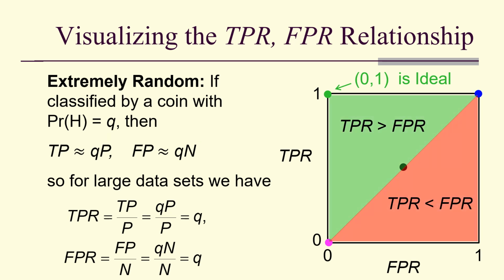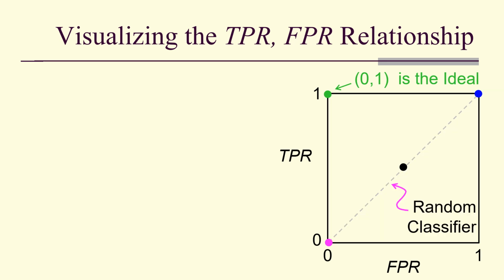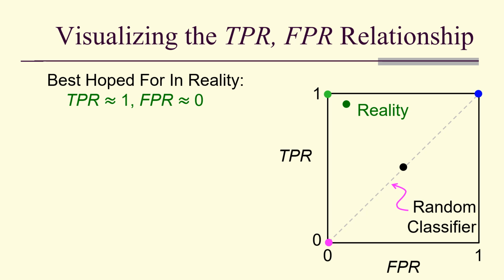So above the random classifier, the true positive rate is greater than the false positive rate, and below, the true positive rate is less than the false positive rate. So remember, the random classifier is this diagonal line, true positive rate equals false positive rate. And the ideal is in that corner where we have 0, 1.